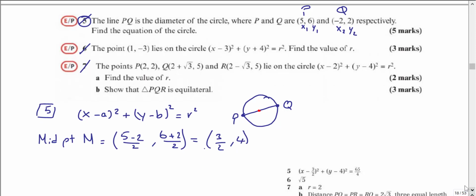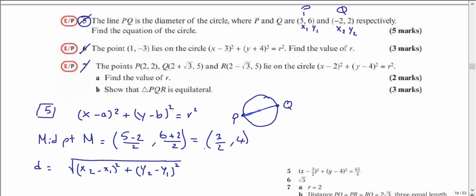Then you need to find the radius. How to find the radius? You can find the diameter, use the distance formula. You remember the distance formula? I forgot. We took this in paper 1. x2 minus x1 squared and then y2 minus y1 squared. We use this formula if we want to calculate a distance between 2 points.